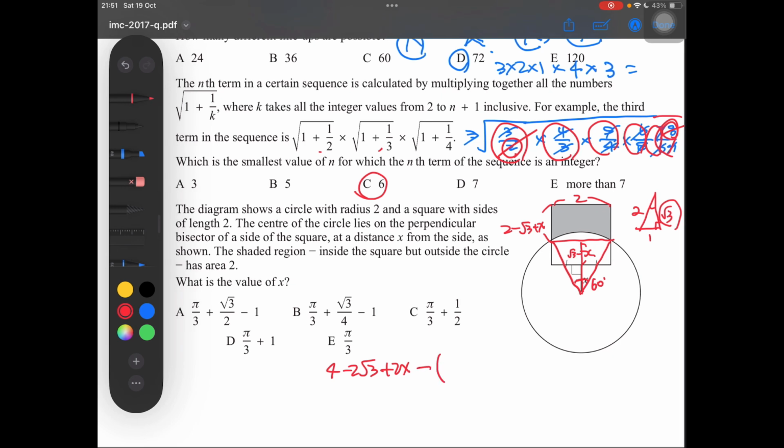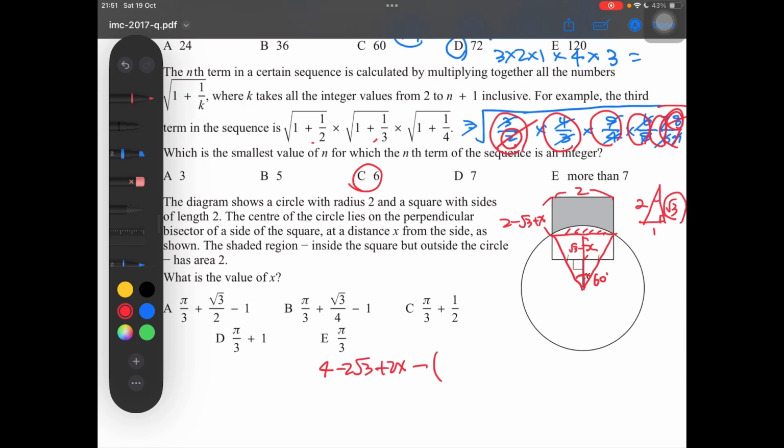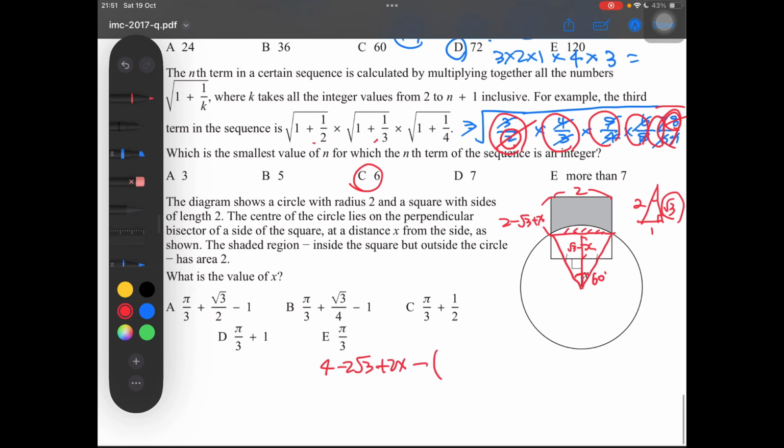Minus, we need to calculate here. We can find the sector area and subtract the triangle area. So the segment area is pi r squared times 60 over 360 minus 1 over 2 ab sine, the equilateral triangle, we already know the formula, square root 3 over 4 a squared.